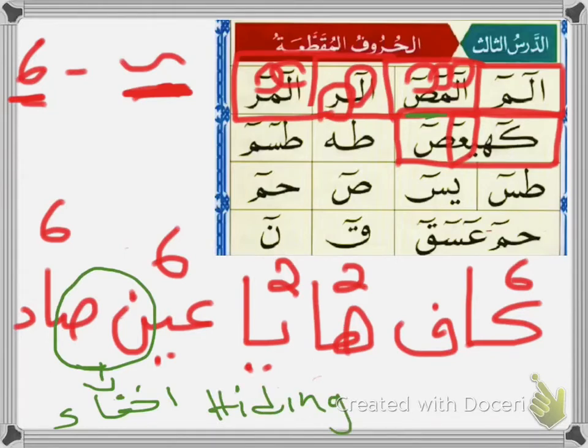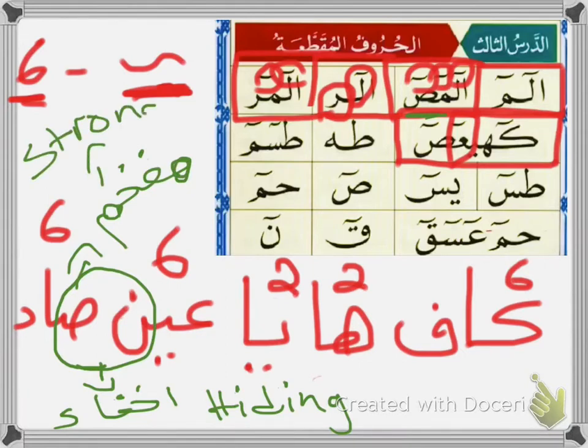So what do we hide here? We hide the noon, and because the صاد is حرف مفخم, which means strong, we do the إخفاء مفخم, strong.